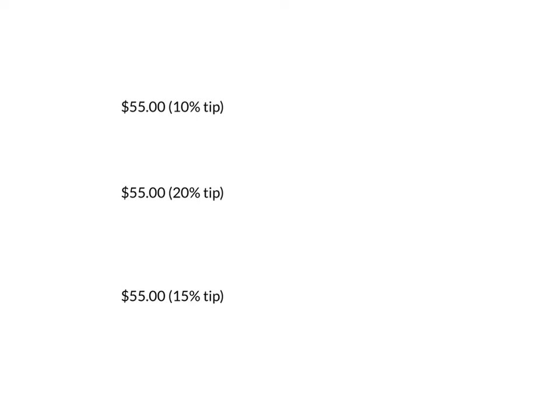Let's look at an amount of $55. So you and a friend went to a restaurant, and this was your bill, and you decided you wanted to tip 10%. So what can we do for 10%? Again, we simply move that decimal point back 1, and your tip becomes $5.50. But what if the server did a really good job? Right now, kind of the going rate for tips is 20%.